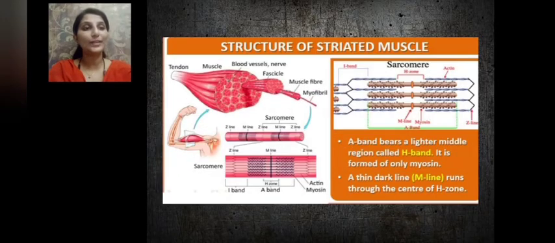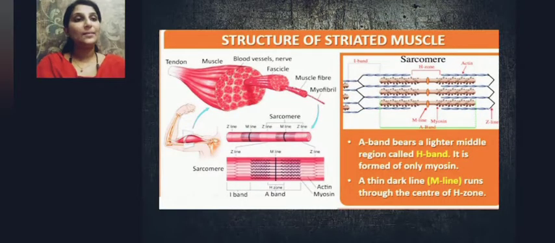Just now I told you that the A band contains both types of filaments, actin and myosin. Whereas in a specific region in the center of this A band, the zone is called the H zone, or H band. In this region, we can see only one type of filament, the thick myosin filaments. In the middle of the H zone is a thin dark line, called the M line. So the M line runs through the center of the H zone.